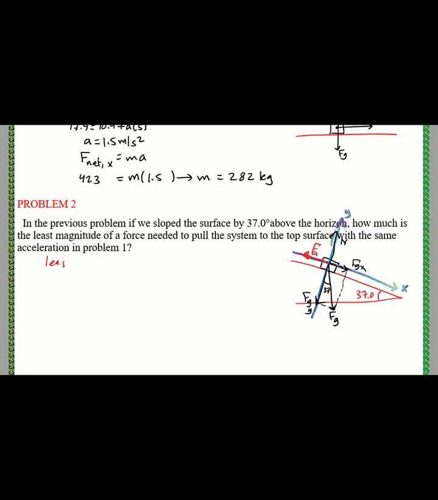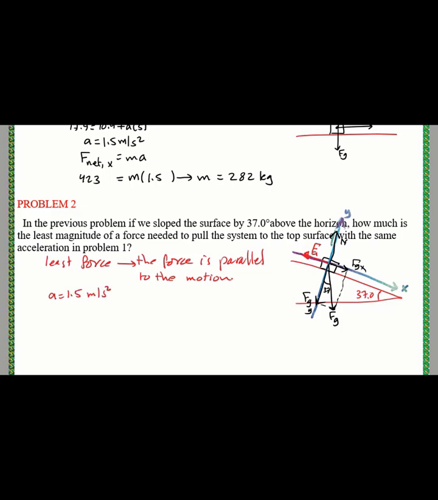Least force means the force is parallel to the motion. That is the meaning of least force. And we need the acceleration to be the same as in the previous example, which is 1.5 meters per second squared.